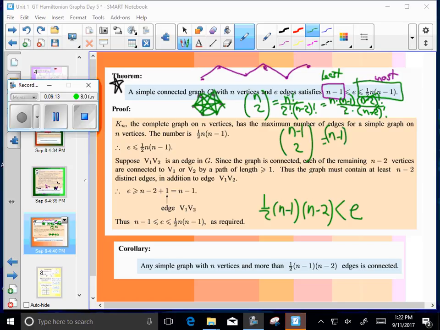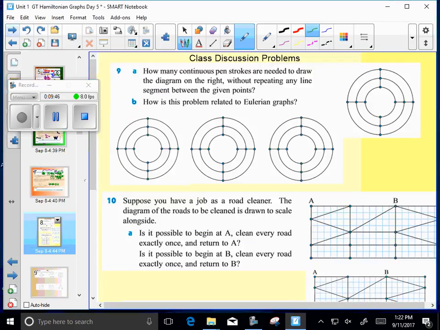N minus 1 times n minus 2 factorial over 2 times n minus 3 factorial. So then you can see these canceling out, and then you'll get that. So what they're doing there is they're saying that any simple graph with n vertices will have more than that many to connect. And you can play around with some of the problems and see how that works.